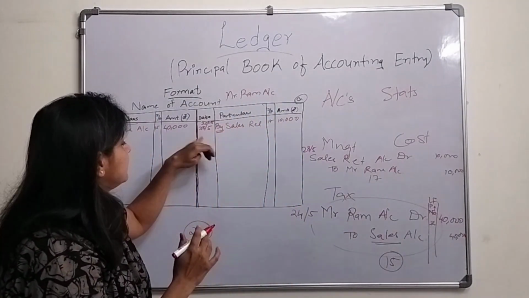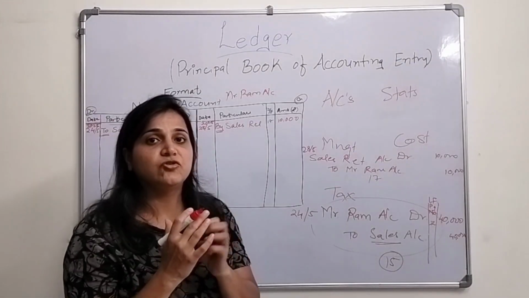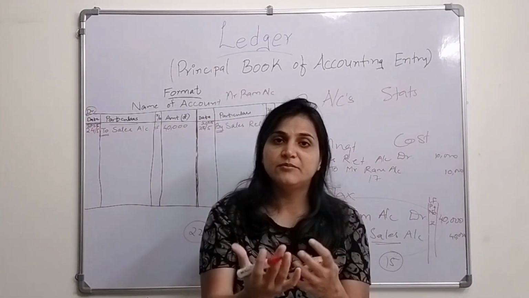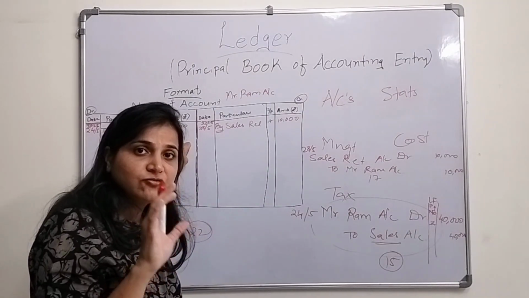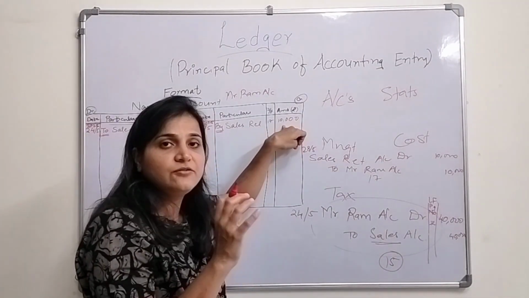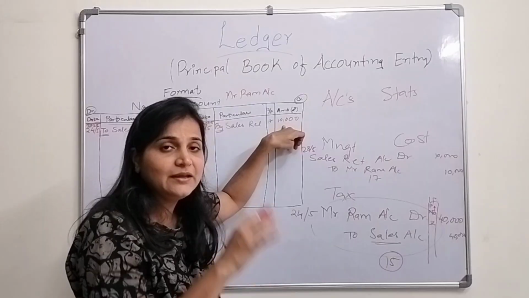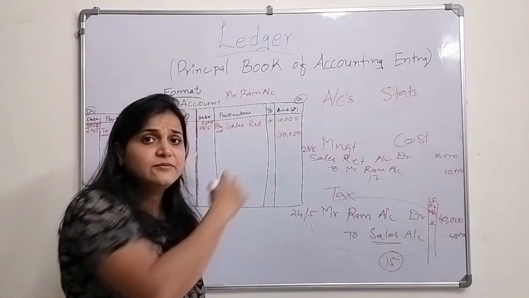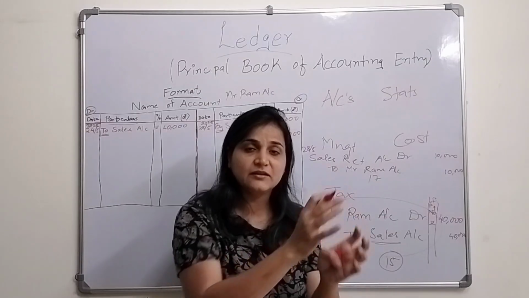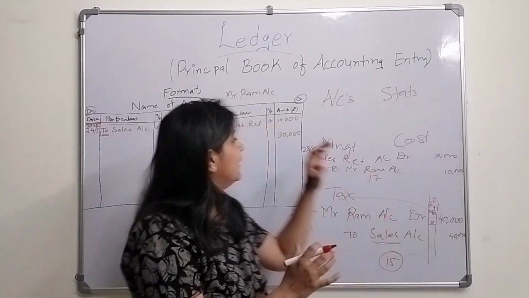Now, let's say on 30th of May, Mr. Ram wants to pay me the money. He will ask me how much he is liable to pay. 40,000 worth of goods I sold to him, 10,000 worth of goods he returned to me. What is left? 30,000. It becomes easy for me to tell him that 30,000 is due from you.